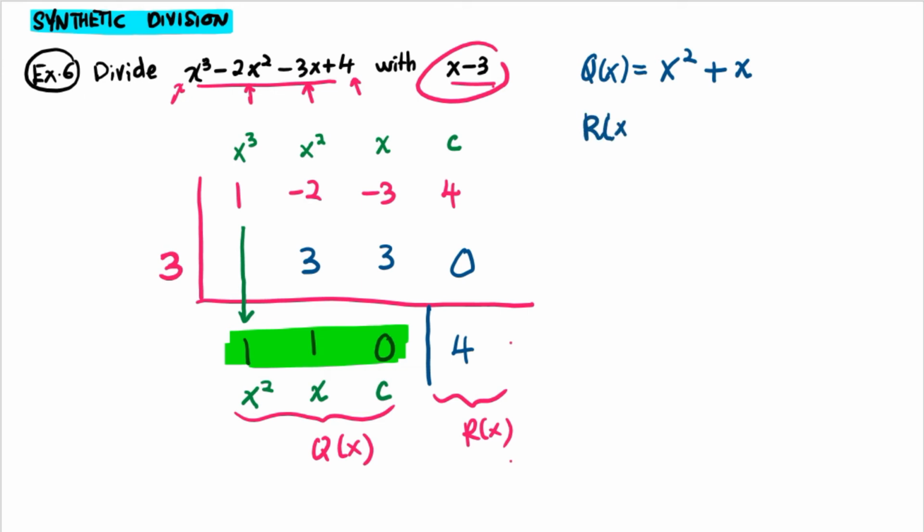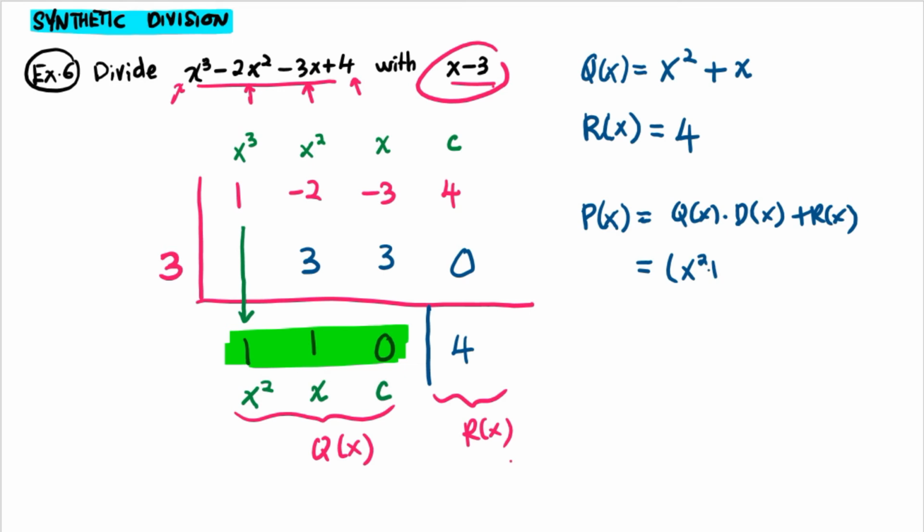What about the rx, the remainder which is given here? So you get positive 4 is the remainder. So we have something like this. If you want to write the form of equation which is in the form of px is equal to qx dx plus rx, it will be something like this: qx is actually x squared plus x, dx is x minus 3, remainder is plus 4.